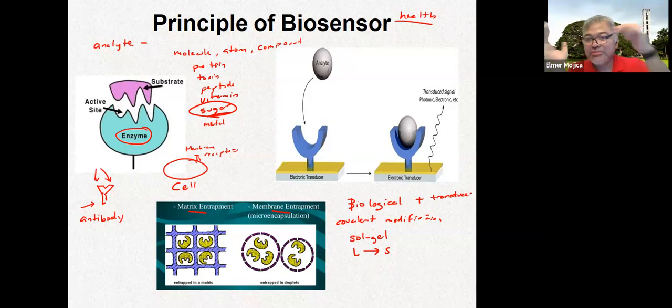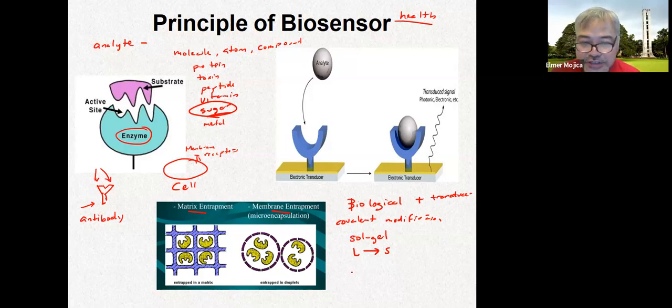So ang pwede lang lumabas-pasok doon ay yung target analyte mo because of the size. Okay? Because you're trying to fix them into a transducer. It's a very good field, yung tinatawag na sol gel modified or sol gel modification.